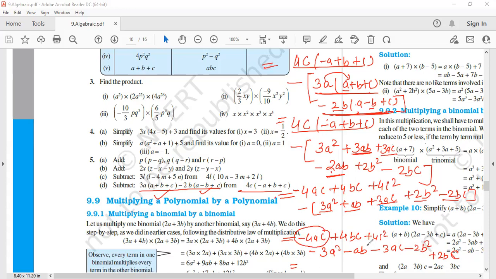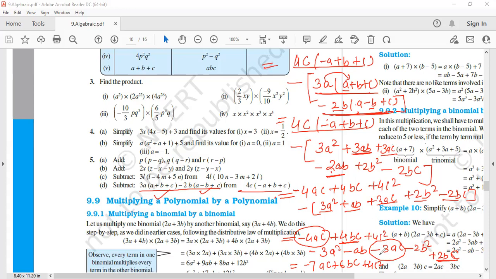Now try to find the like terms. ac: both have negative sign, so they will be added, so minus 7ac. Now bc term: both have plus sign, so 6bc. And there is no other c square, so keep it the same, 4c square.